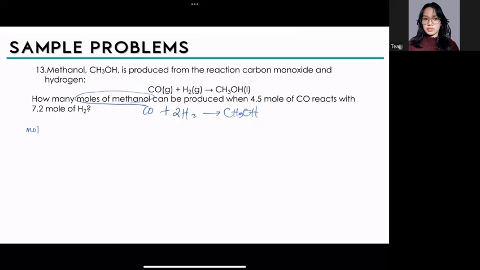So we convert, we get moles CH3OH from carbon monoxide. So that will be 4.5 moles of carbon monoxide. Sa reaction, you have 1 mole of carbon monoxide is equal to 1 mole of CH3OH. That means you will have 4.5 moles of CH3OH.